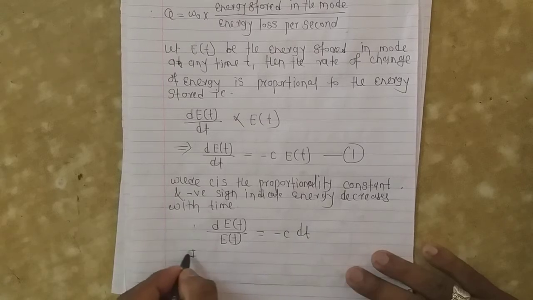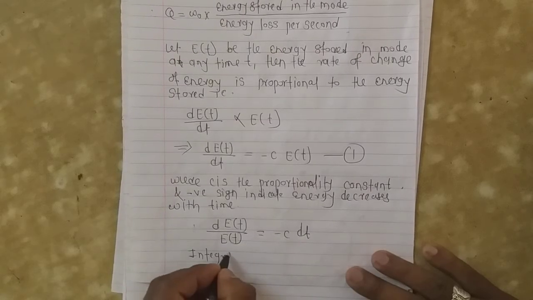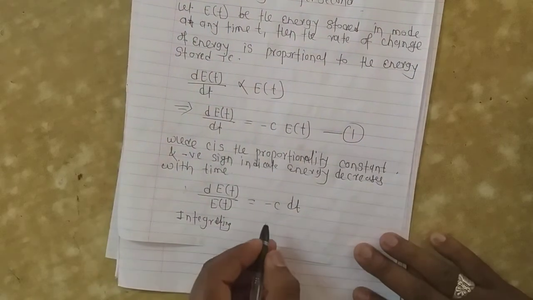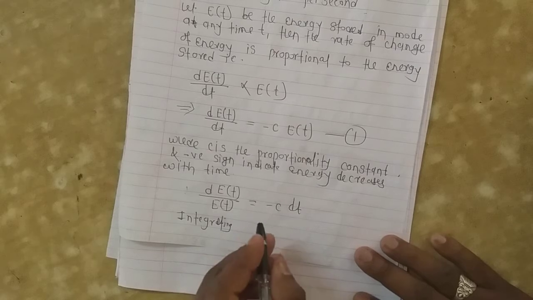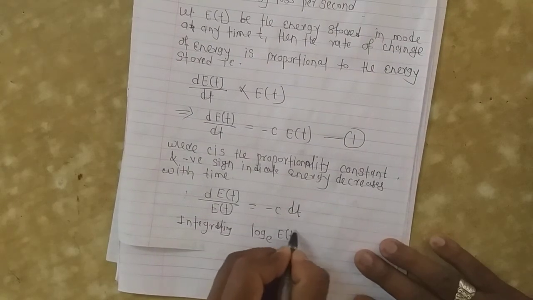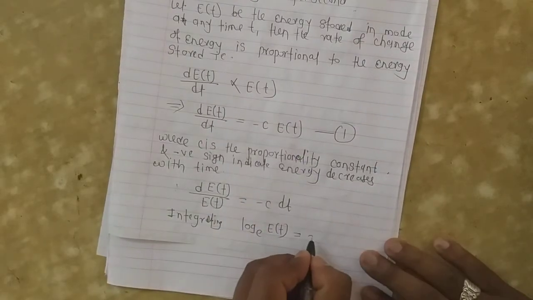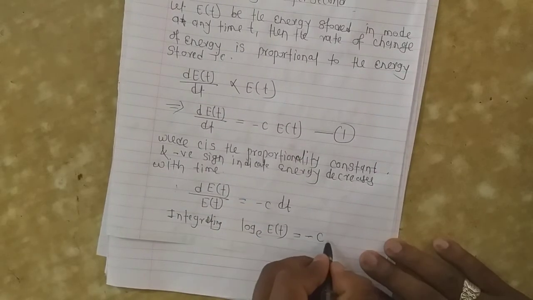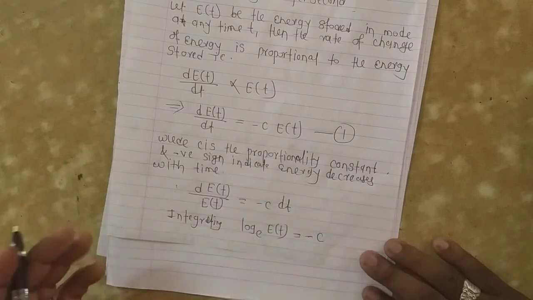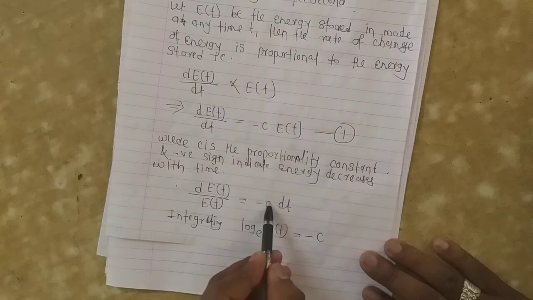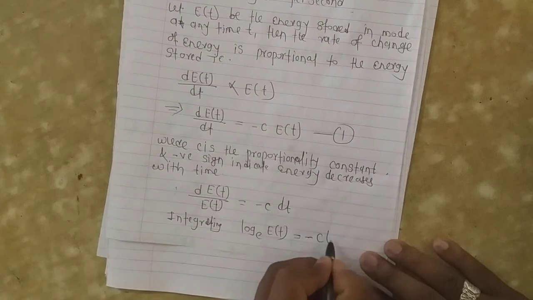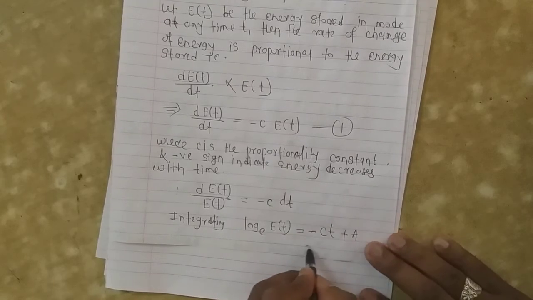Then integrating that equation, the differentiation and integration will cancel, and we get log of E of t is equal to minus c, as it is a constant, it will be outside the integration, and the integration of dt is t, and a is the integration constant.